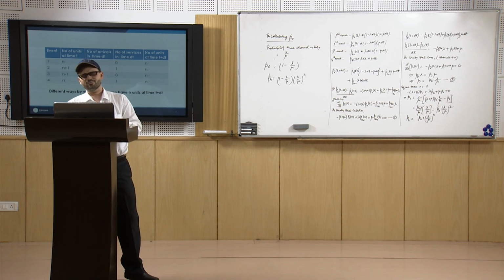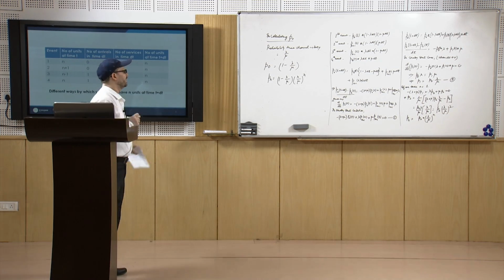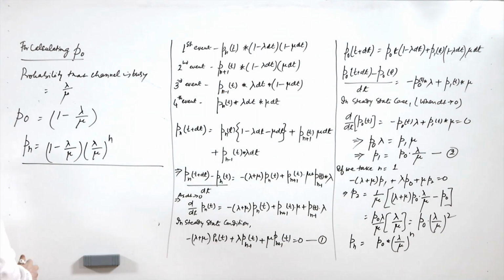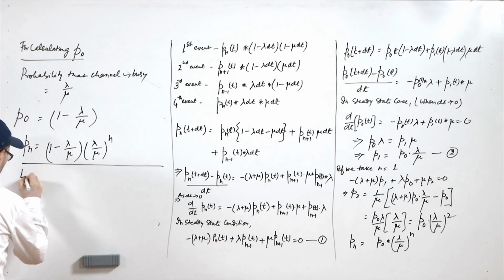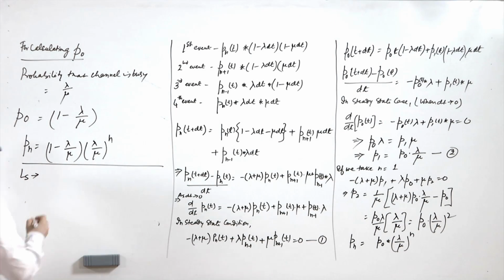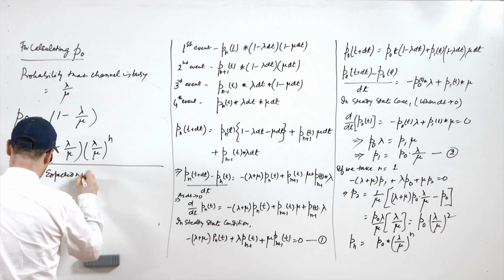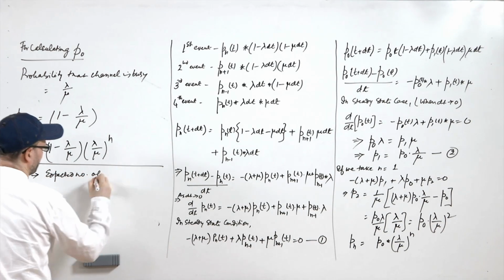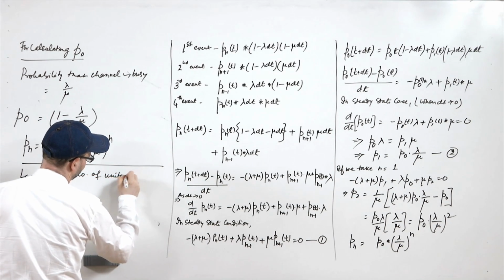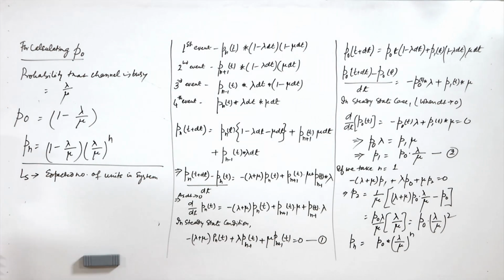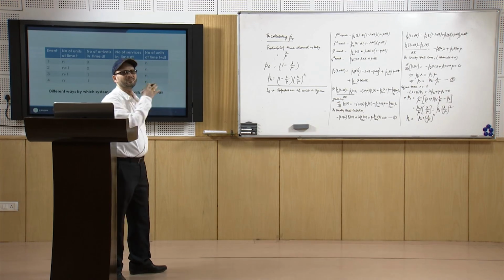Now, let us see if you have to calculate, suppose, the Ls, which is nothing but the expected number of units in the system. So, it is the expected number or average number of customers in the system.